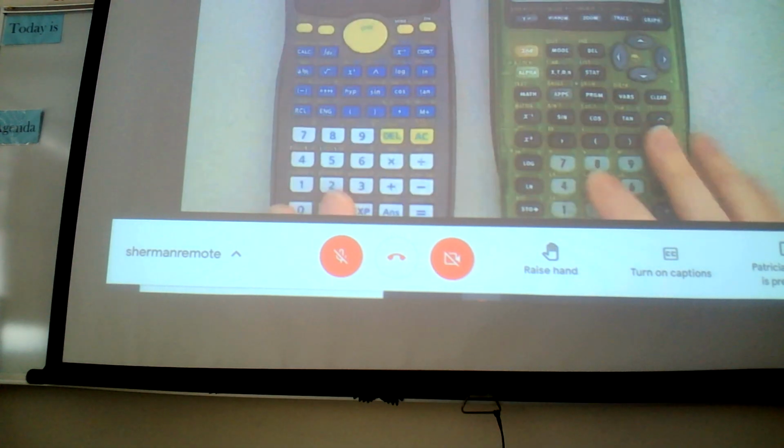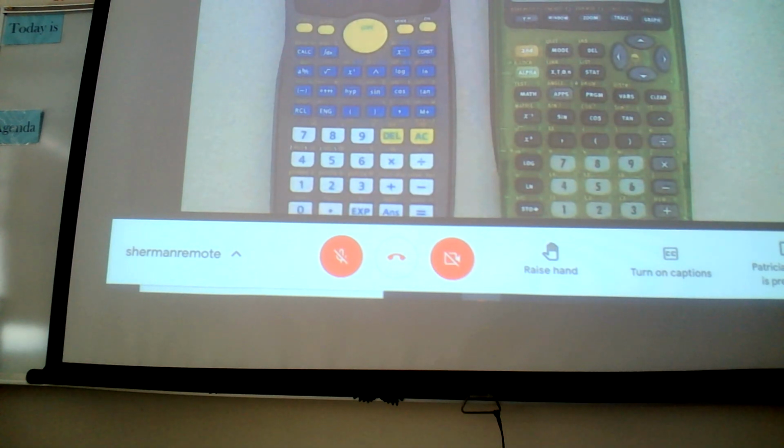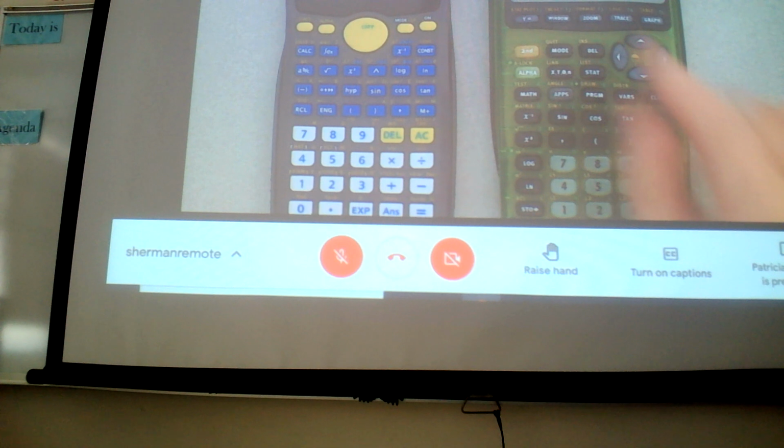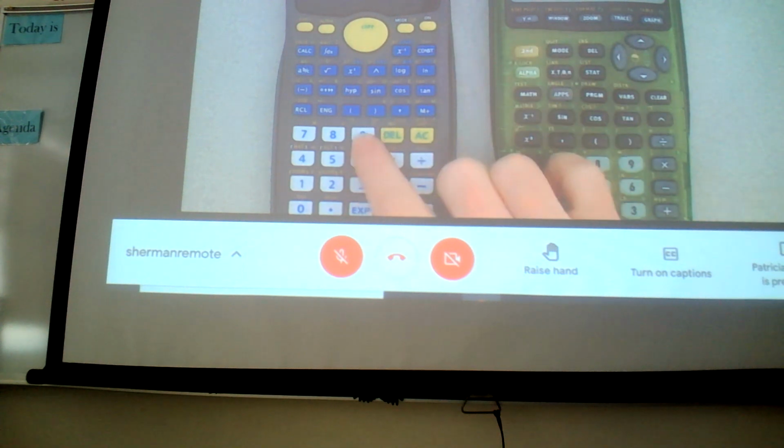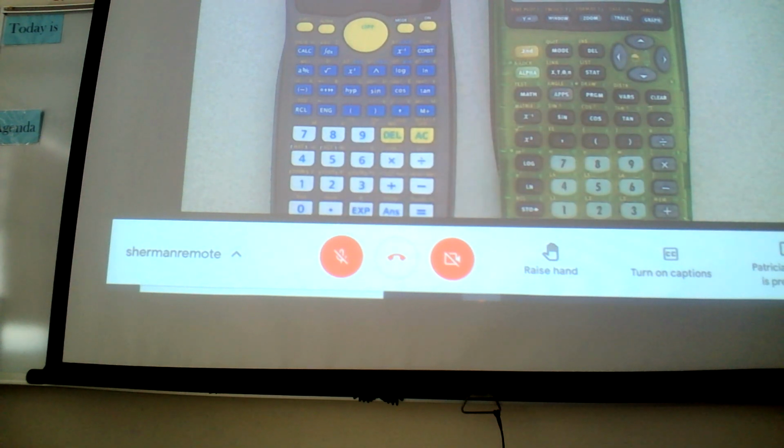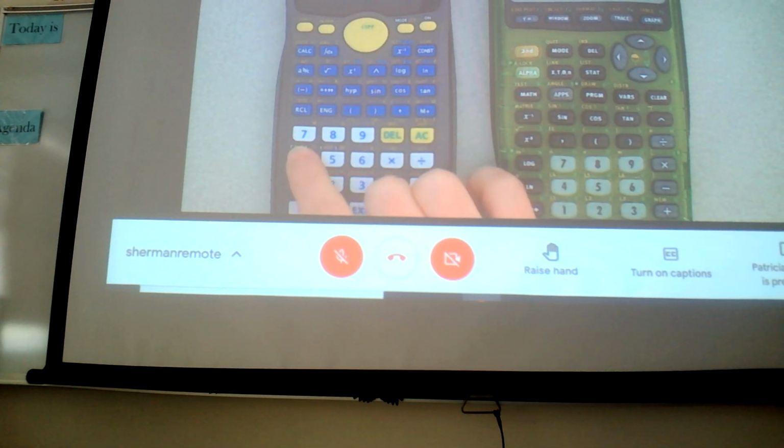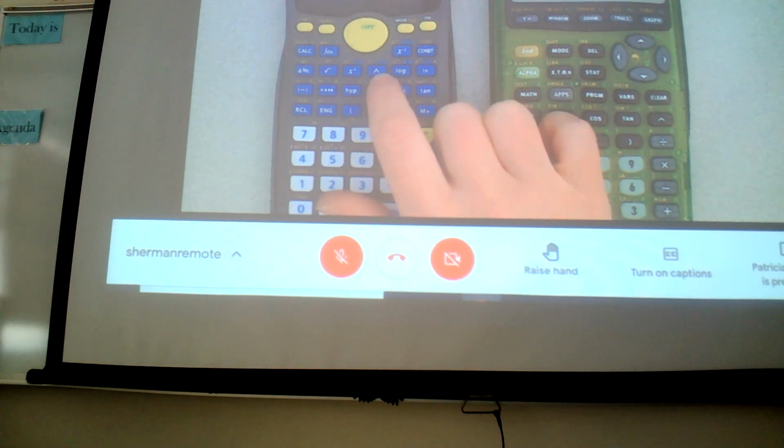So if I wanted to do 4 to the third, please do not sit here, turn it on, and do 4 times 4 times 4. Don't do that, because when I eventually give you something weird, you're not going to want to sit there. On this calculator, to do an exponent, I'm going to hit 4, and then this button right here.